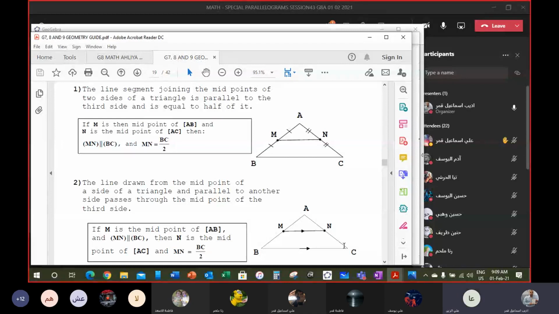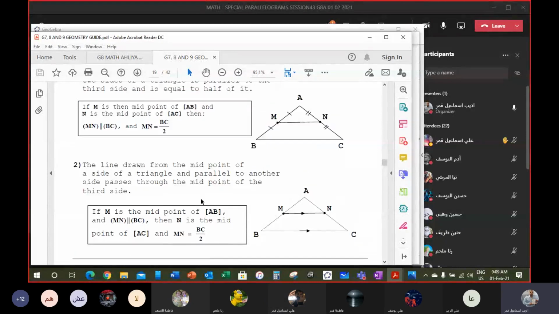So M is the midpoint of AB, MN is parallel to BC. Then this line MN cuts AC at its midpoint. This is the converse property of the mid-segment theorem in a triangle.